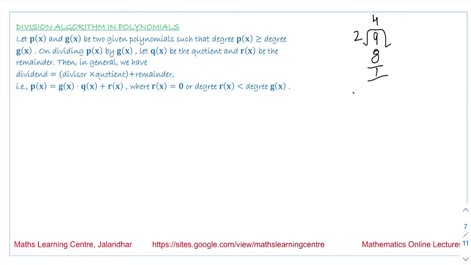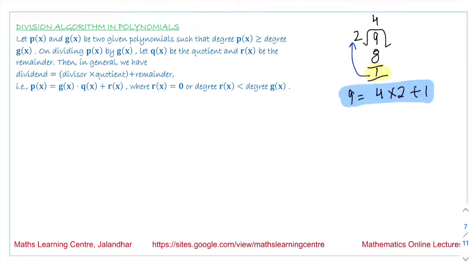So 9 is equal to 4 into 2 plus 1. Why we stopped dividing over here is because the remainder becomes less than 2. So we stop our division here and we can write 9 as 4 into 2 plus 1.